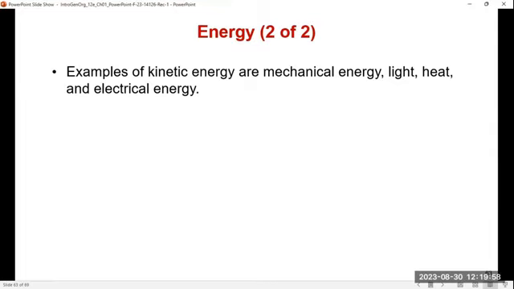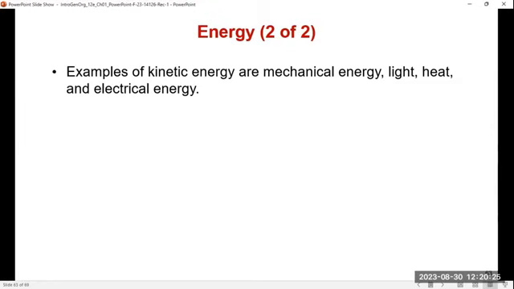A photon of light is a particle of light. Heat is the motion of atoms in a sample. Electrical energy is the movement of electrons. That's kinetic energy. A moving electron has energy that's converted into other types of work, heat, lighting a bulb, etc.